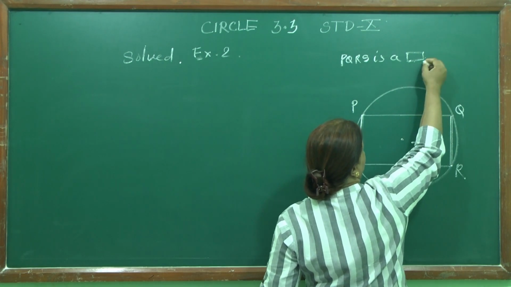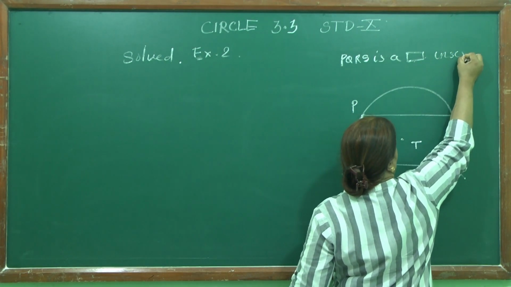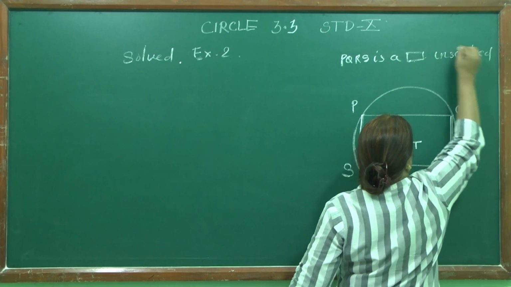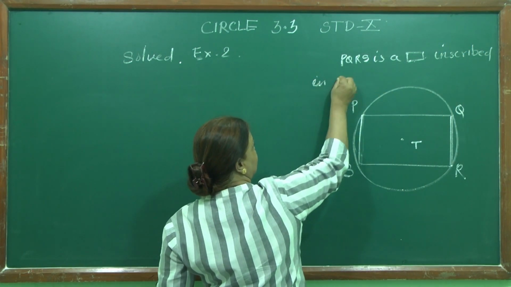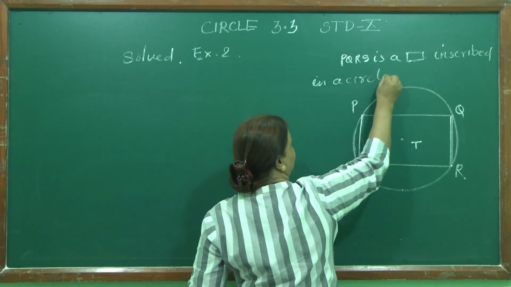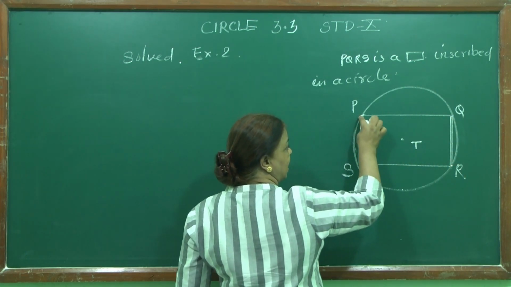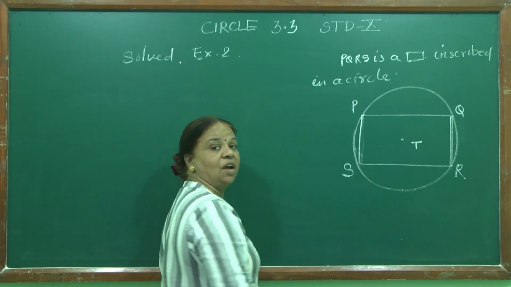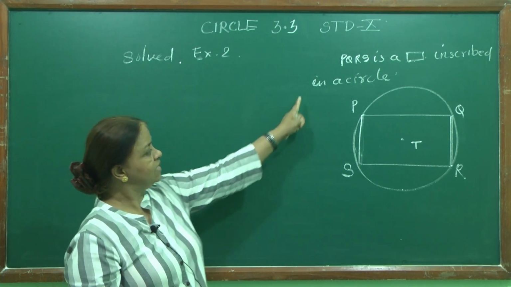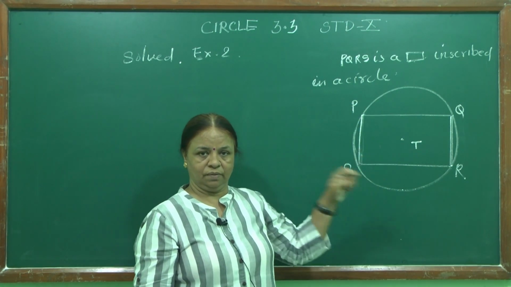This is the symbol of a rectangle inscribed in a circle. What do you mean by inscribed in a circle? It means all the vertices of the rectangle are on the circle. That means it is inscribed in a circle.